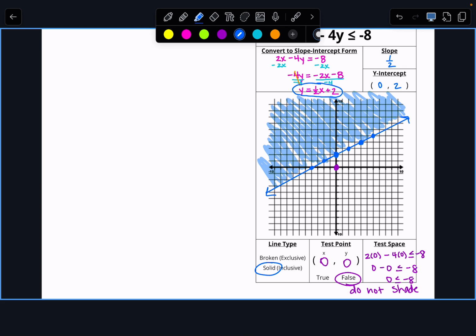I picked 0, 0. 0, 0 did not work, so I don't want to shade the side with 0, 0. 0, 0 is the best if it's not on your line.